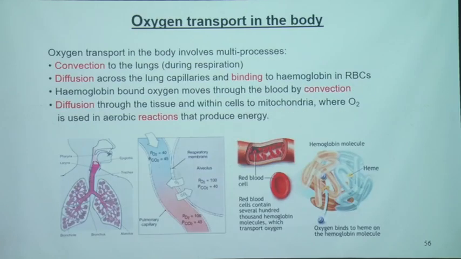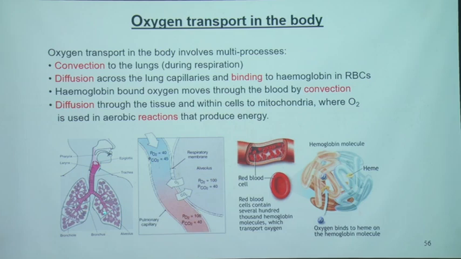Right, so I'll finish off with oxygen transport in the body for today. If we look at oxygen transport in the body, this involves multiple processes. The process starts with breathing air into the lungs, right? The air passes through the mouth, the large airways and the small airways, and then into the bottom of the lungs, where we have lots of alveoli.